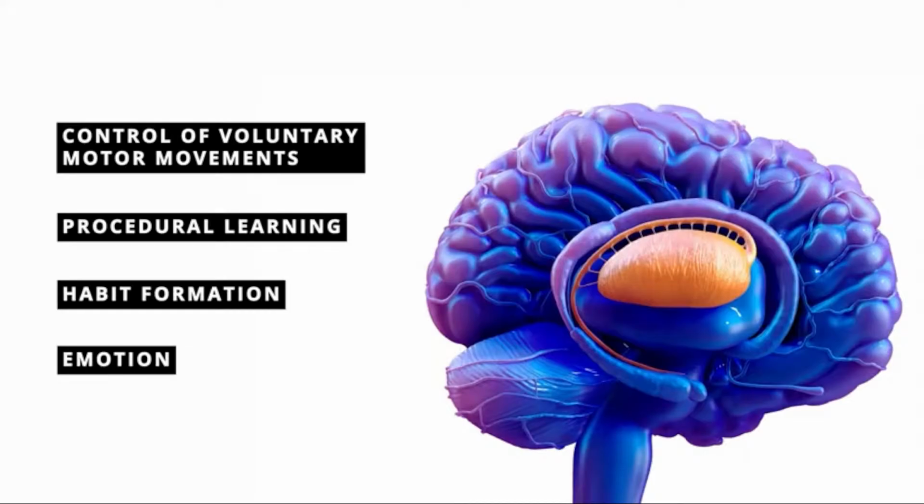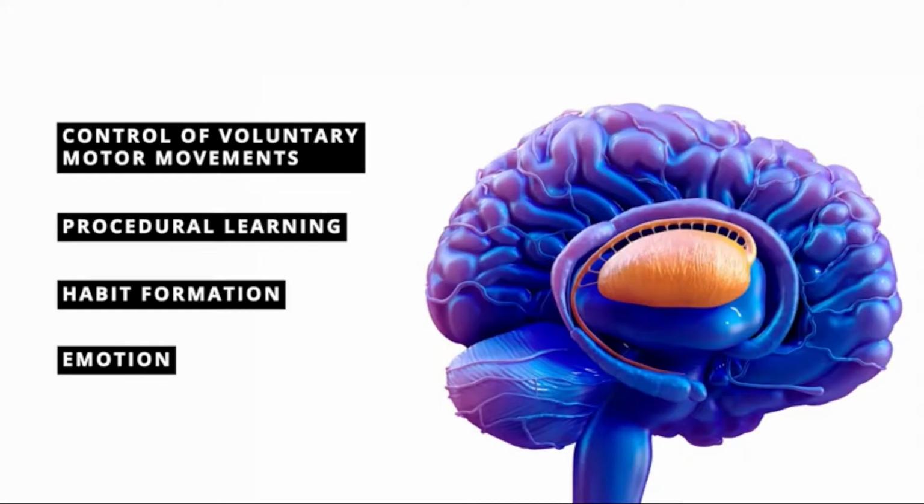Function. Basal ganglia perform several functions, which include motor control. The basal ganglia, in coordination with the cerebral cortex, thalamus, and brainstem, help smooth out and coordinate movements. They're involved in the initiation and termination of movements, ensuring movements are fluid and purposeful. Procedural learning.